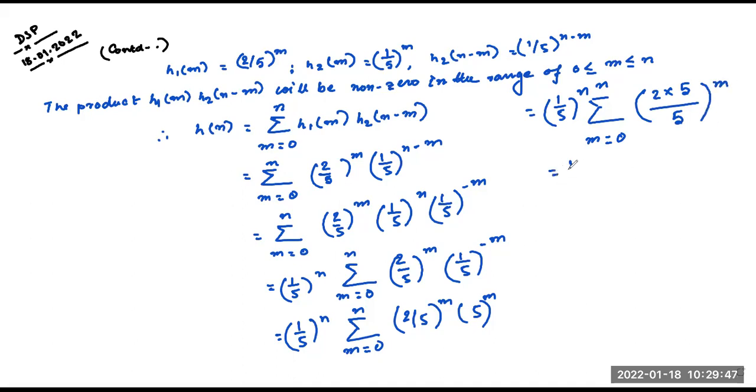So that becomes (1/5)^n summation of m equals 0 to n, and then this becomes 2 to the power m.